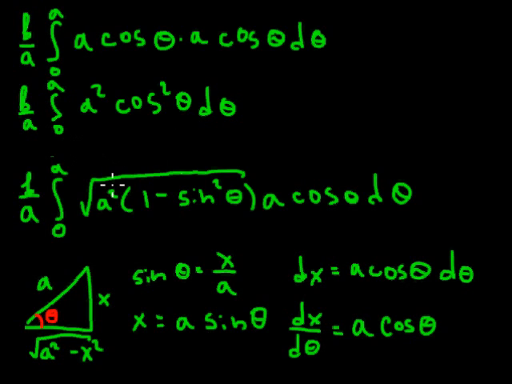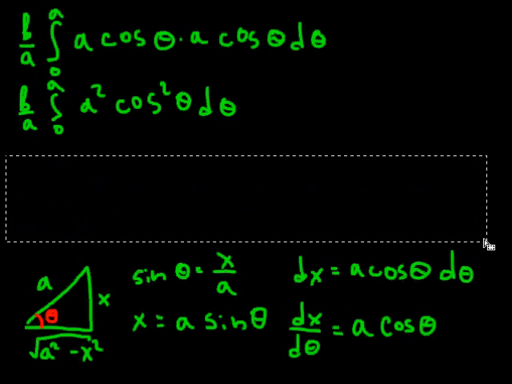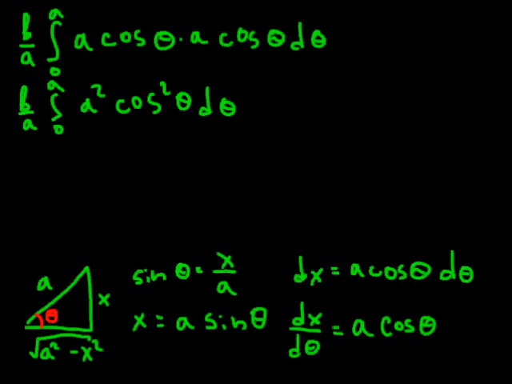And let me erase this. Okay, what we're going to do, we're going to take this a squared, because it's just a constant, up front, and it's going to cancel out with this constant.